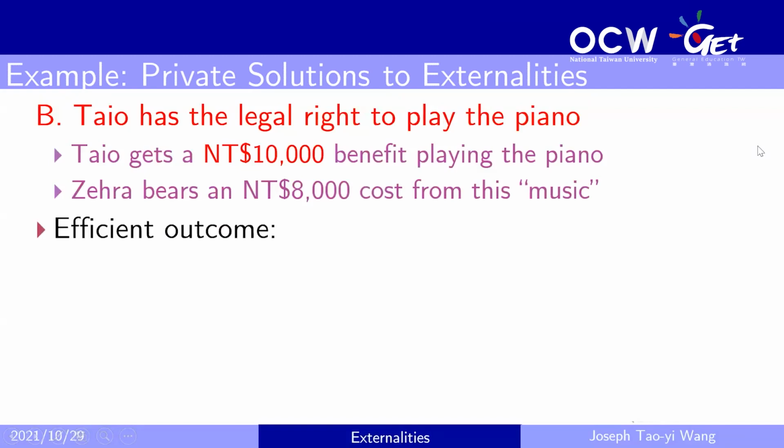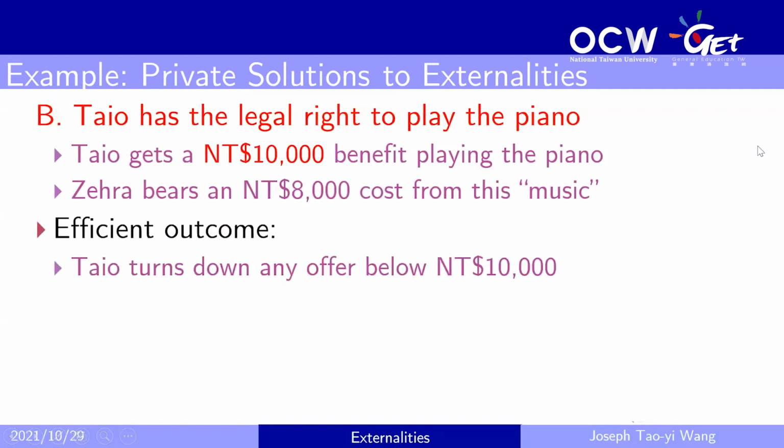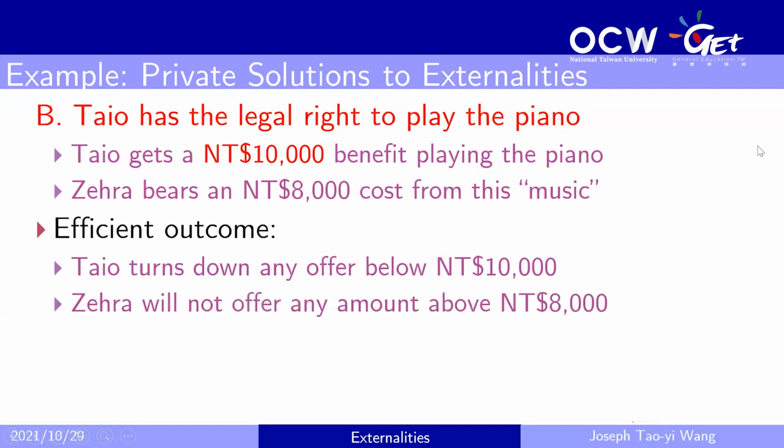The problem is this: Tao would turn down any offer below $10,000 because that's his benefit for playing. Zara will not offer any amount beyond 8,000 because that's her cost. If she has to pay 9,000, she would say, forget it, I'll just bear with this. And so no agreement will be made between the two parties.